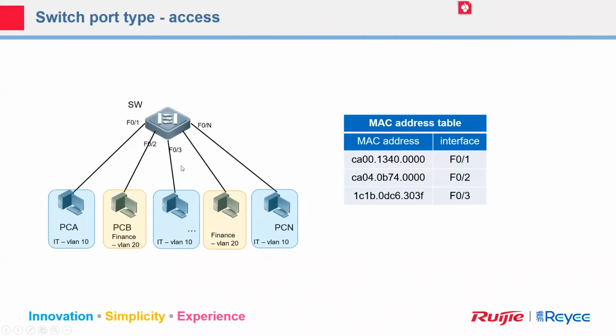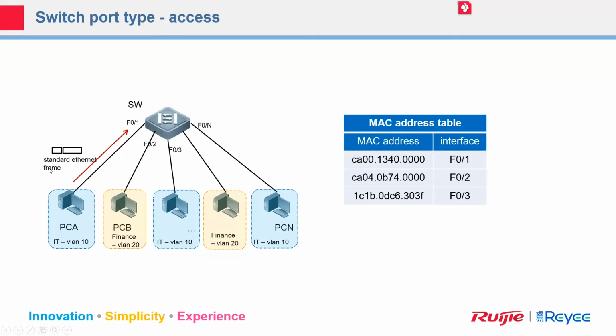And then let's see how the switch forwards the traffic. By default, I only receive the packets and, according to the destination MAC address, check the MAC address table to finally forward the traffic to the correct interface, right? But if you add the VLAN, the switch forwarding the traffic not only considers the MAC address, we also have to consider the VLAN.